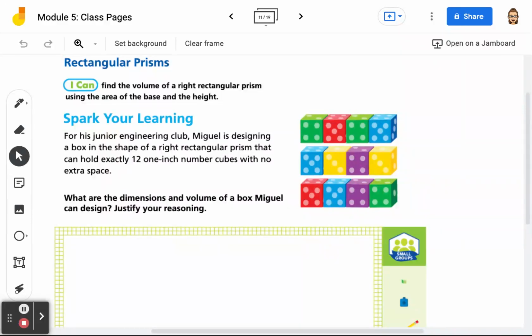Okay, so that means that if each one has a volume of 1 cubic inch, and there are 12 of them, your volume is going to equal 12 inches cubed.